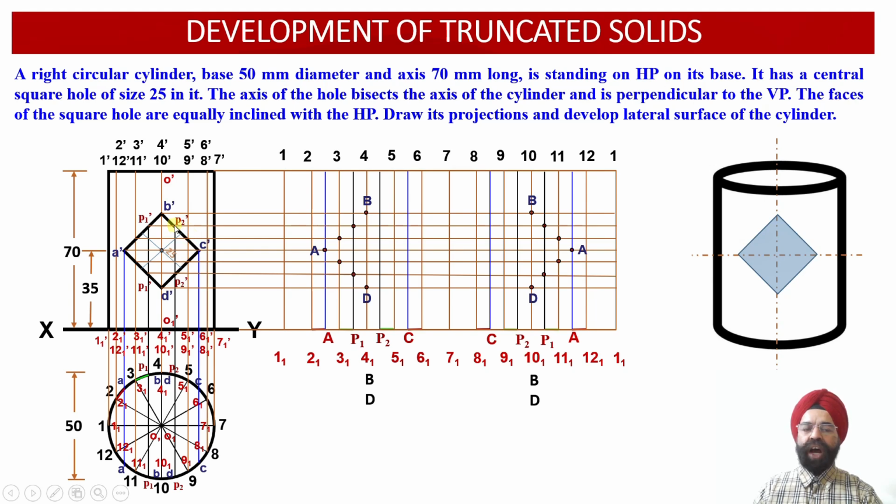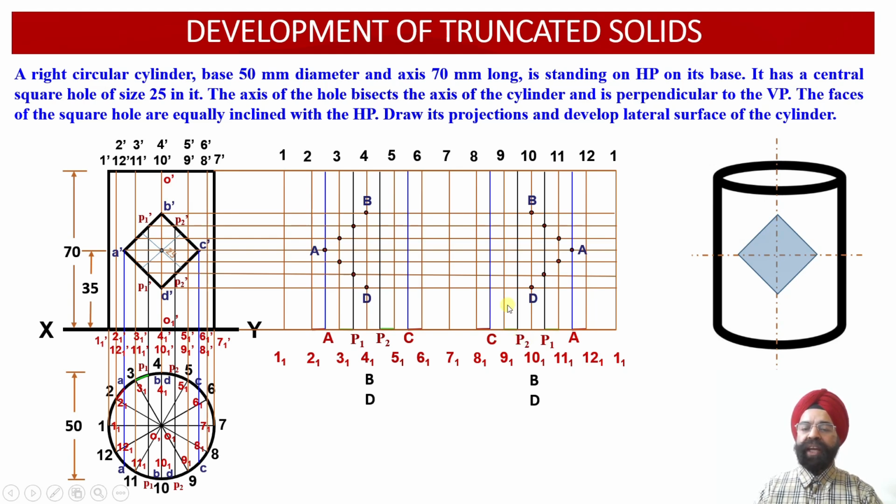Once we draw these 2 horizontal projectors through P2 dash into the development surface area, they are going to intersect with vertical projectors drawn through the point P2 in the rear face and in the front face.